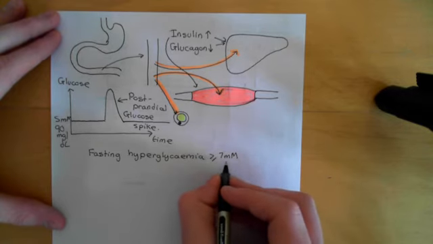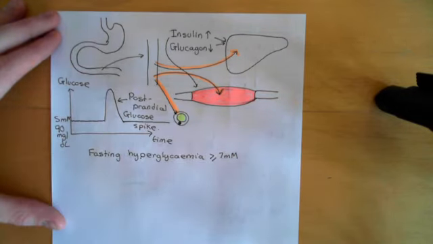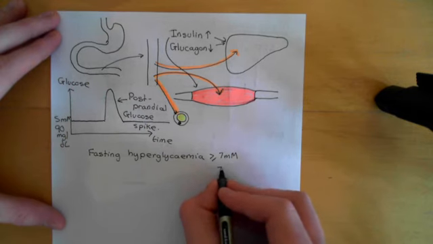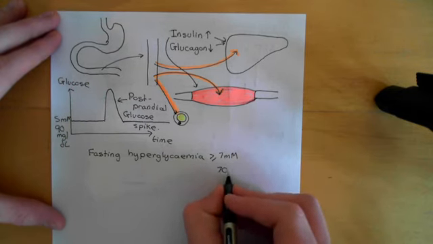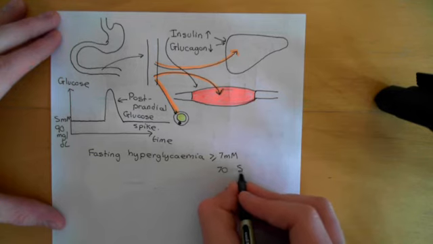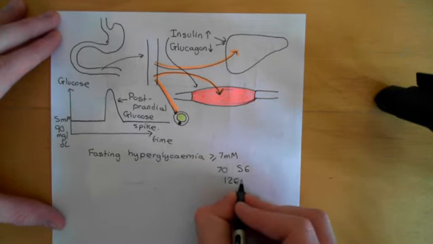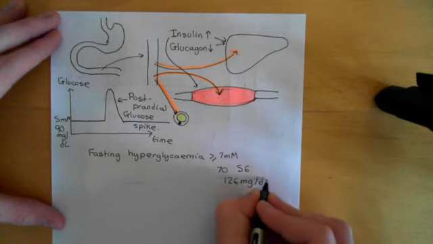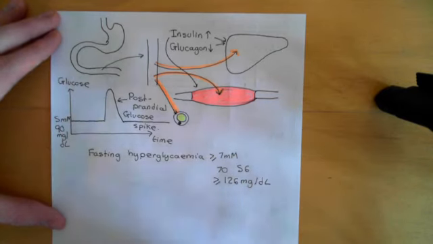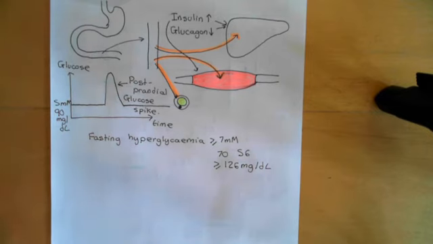Just multiply that by 18 to find out what that is in milligrams per deciliter. In fact, we'll do it. 70 is 7 times 10. 7 times 8 is 56. Adding those two together, you get 126 milligrams per deciliter. So in the other units, it's greater than 126 milligrams per deciliter.